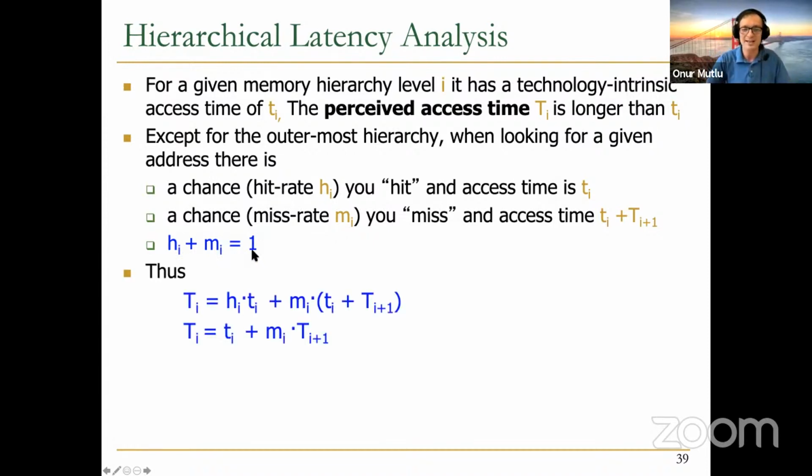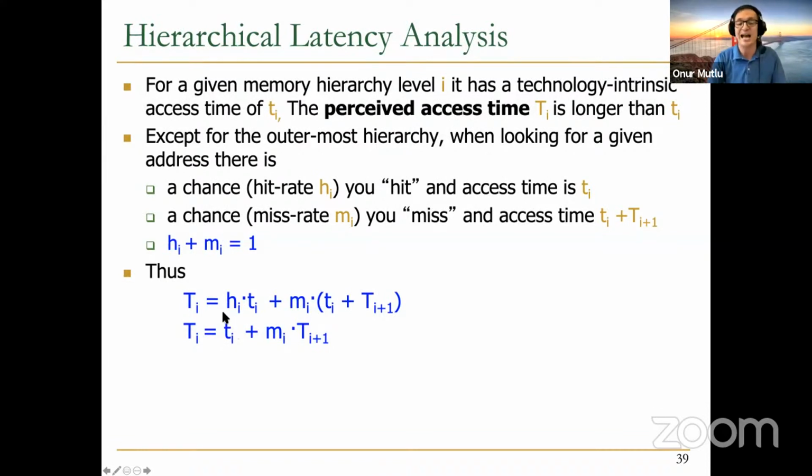That makes sense, hopefully. And you can determine the latency or the perceived access time of the level by multiplying the hit rate with the intrinsic access time of the level and adding to it the miss rate multiplied by the intrinsic access time of the level plus the perceived access time of the next level. In other words, you can actually simplify it by saying for hits or misses, it doesn't matter.